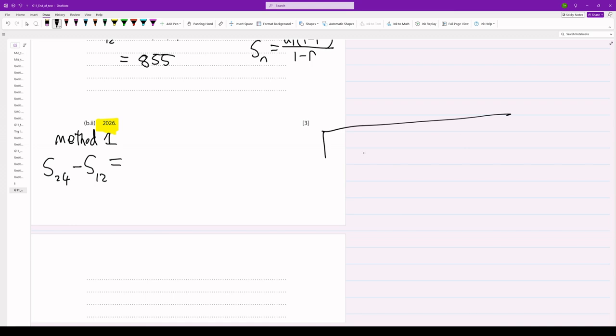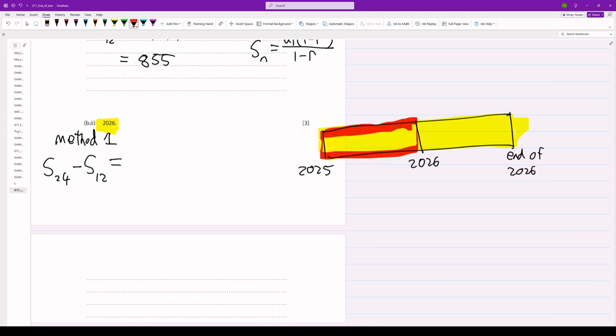If you think about it on a timeline or a diagram, if I've got 2025, 2026, and then the end of 2026, if I want to add up all of these in one go, well then I could do the whole thing, take away that bit, which will only leave me with the 2026 bit.